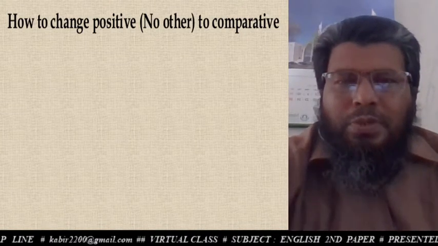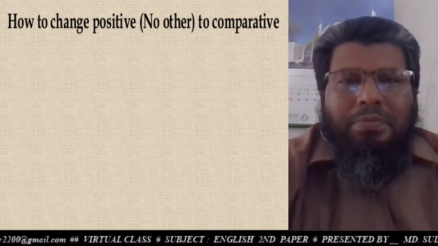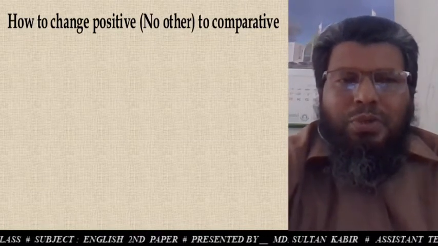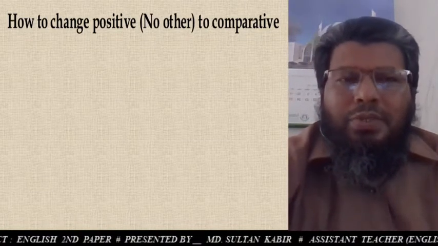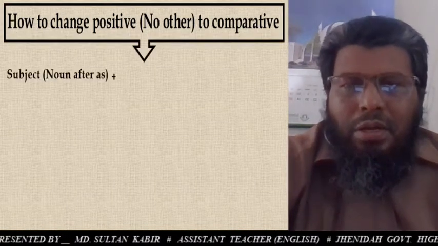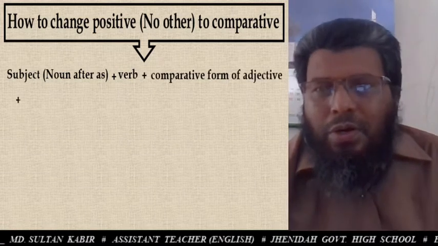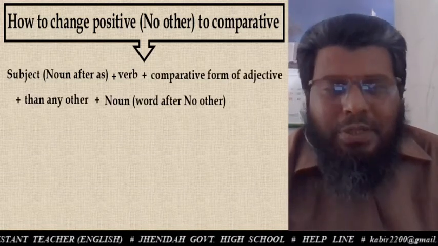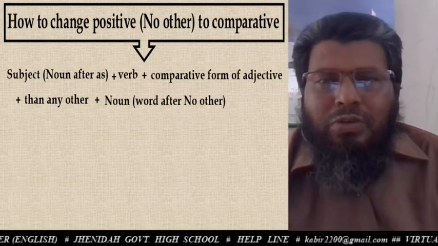How to change positive to comparative, within bracket, no other. That means if a positive degree starts with no other, how can we change such types of positive degree to comparative one? Look at the structure of changing. At the very beginning we will write down the subject. Which subject? The noun after as.